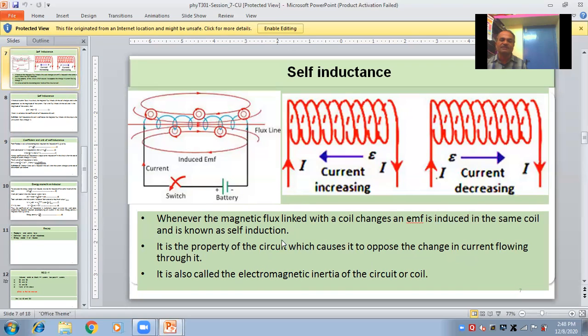So this induced EMF opposes the flow of current through it. It is also called the electromagnetic inertia of the circuit or coil, because this induction of EMF takes place only when the flux changes. Hence the term inertia comes here.